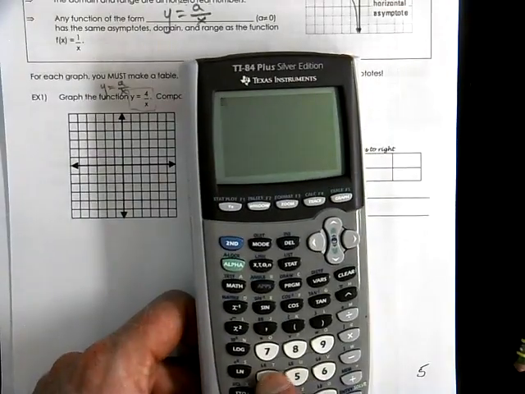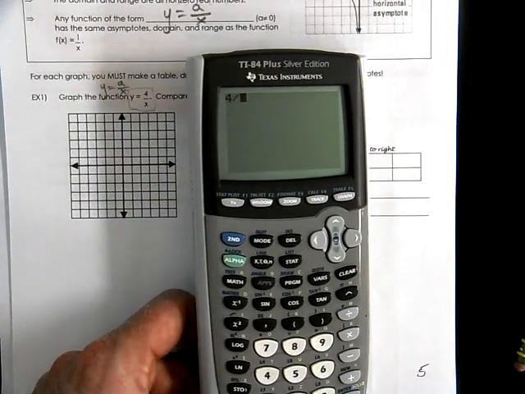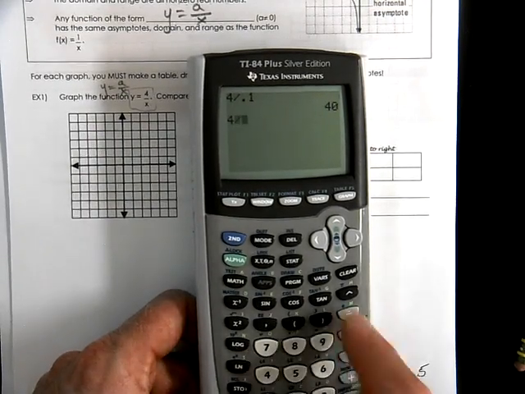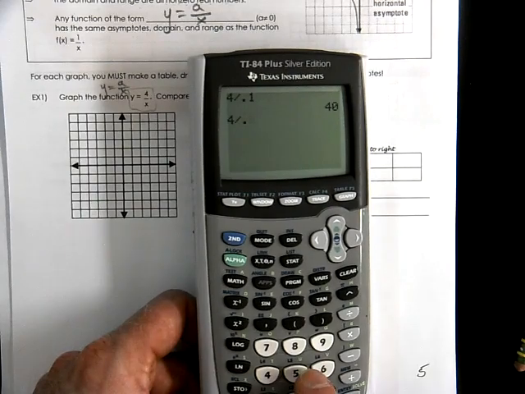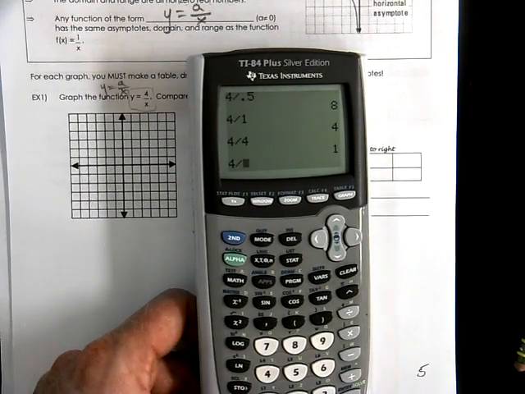If you take the number 4, we can divide that by a tenth. We can divide that by a half. We can divide that by 1. We can divide that by 4. You can divide that by any number you want.